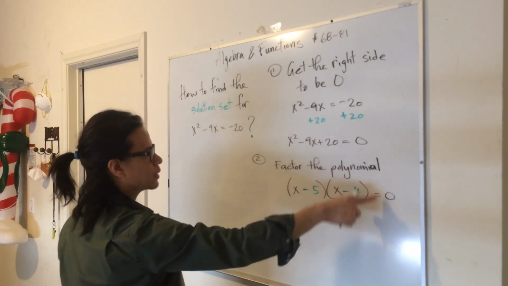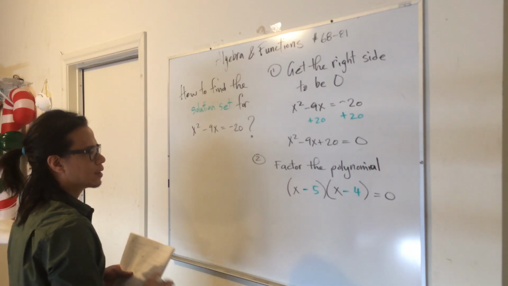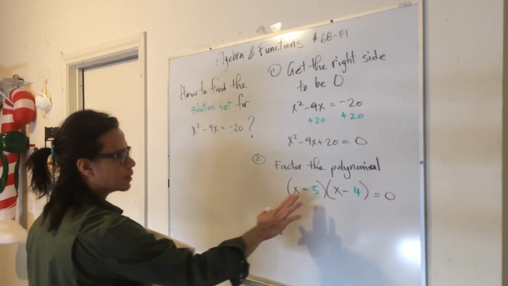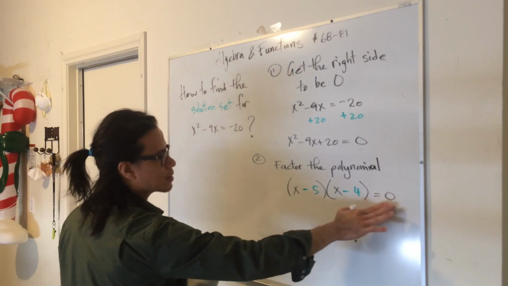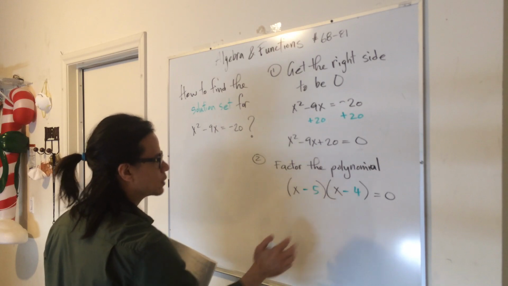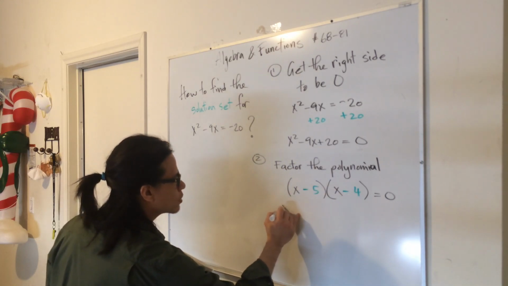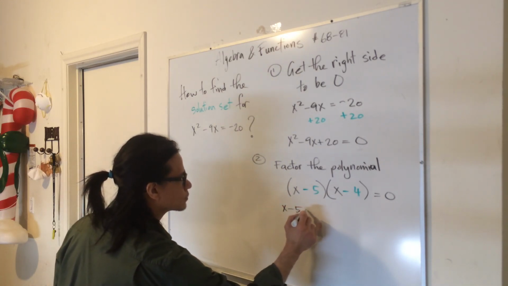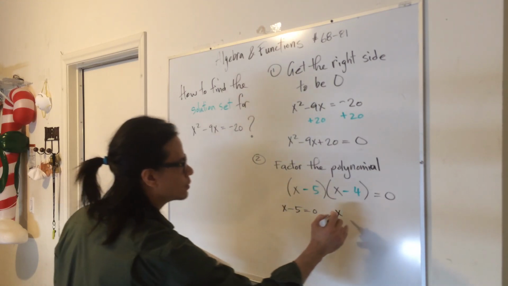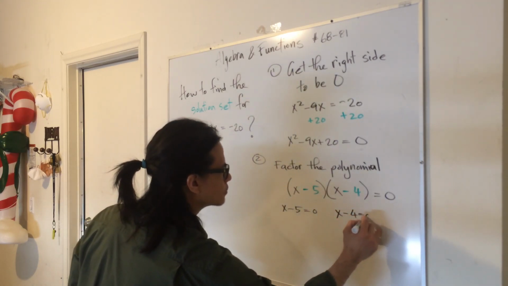Okay, just bringing that down. Our goal is to find out what x is. Remember, in order to get 0, one of these guys needs to be 0. I don't know which one it is, so I'll set both of them to be 0. Okay, so x minus 5 is 0, x minus 4 is 0.